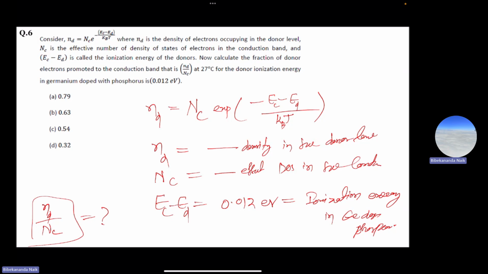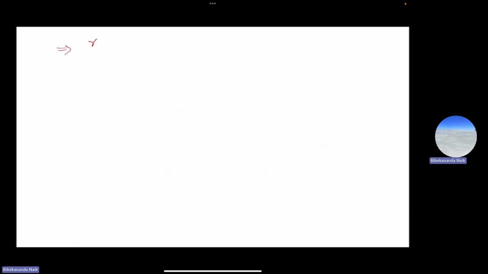So if we solve it simply, we need to put the expression Nd by Nc equals exponential minus (Ec minus Ed) by kBT.